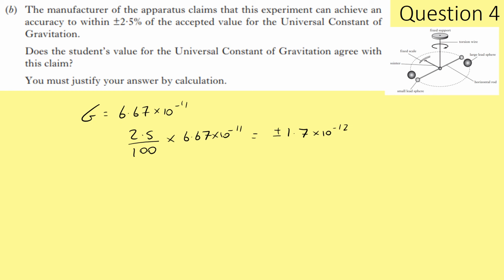Another way to express this would be 0.17 times 10 to the negative 11, which is handy when we're coming to compare the values to the known value of G. So in order for the claim to be valid, we have to land in between 6.50 times 10 to the negative 11 to 6.84 times 10 to the negative 11.